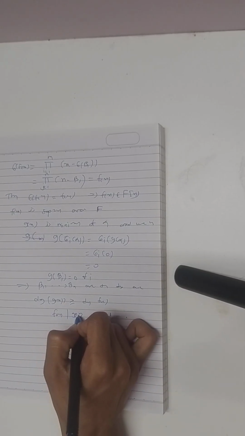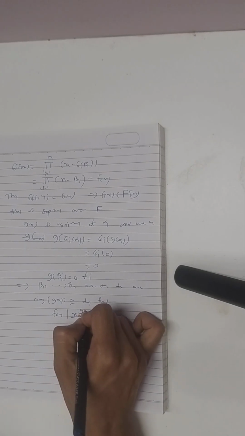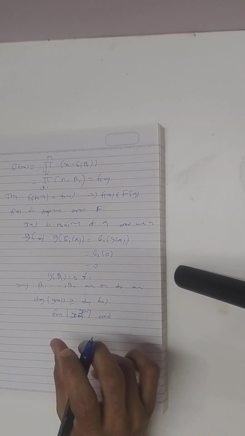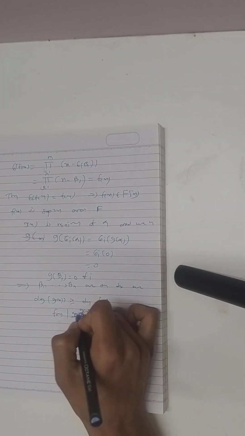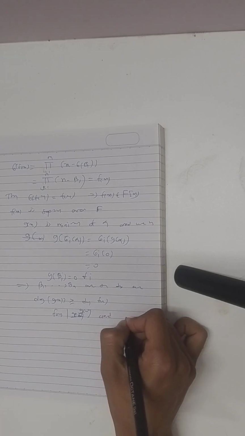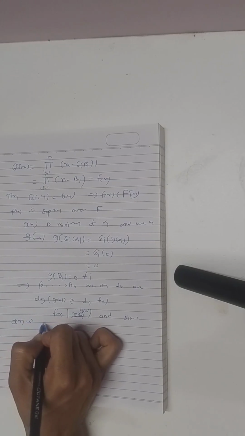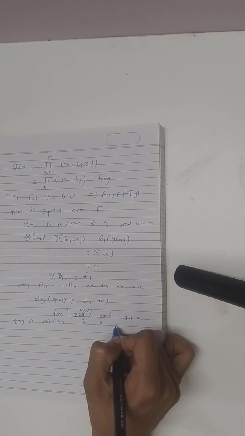So f of x divides g of x, and f of x is any polynomial, and we have considered g of x as a minimal polynomial. Since g of x is minimal, it is irreducible.